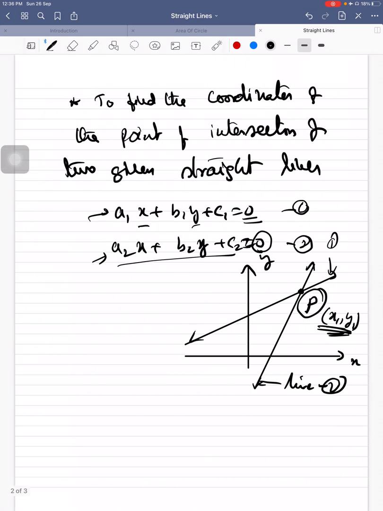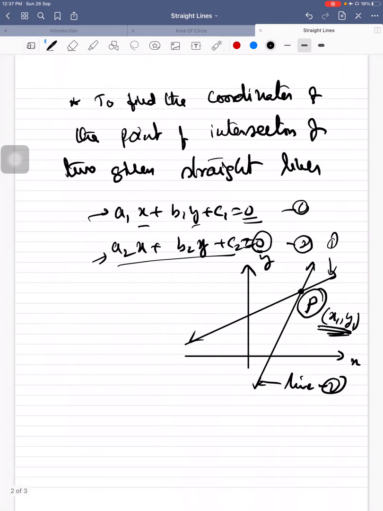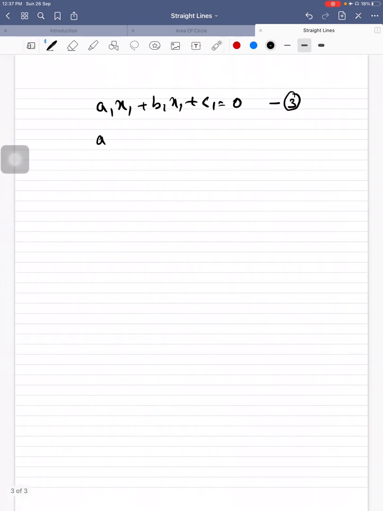If we substitute this point in the first equation, we get a1x1 plus b1y1 plus c1 equal to 0. Let this be equation 3. Substituting the same point in the second equation, we get a2x1 plus b2y1 plus c2 equal to 0.